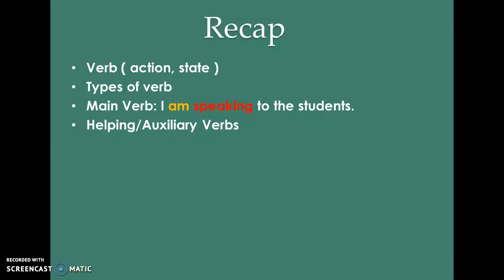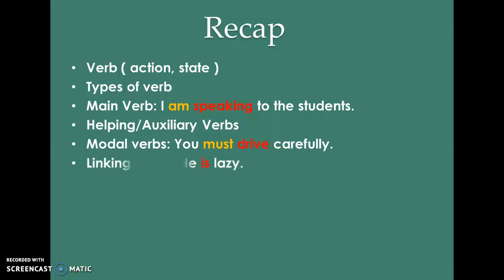Helping verbs are the verbs that help the main verb in the sentence. Like, I am speaking to the students here, am is the helping verb and speaking is the main verb in the sentence. Modal verbs are those helping verbs which add an additional meaning to the main verb. You must drive carefully. Here must is used for obligation, and it is adding an additional meaning to drive in the sentence.